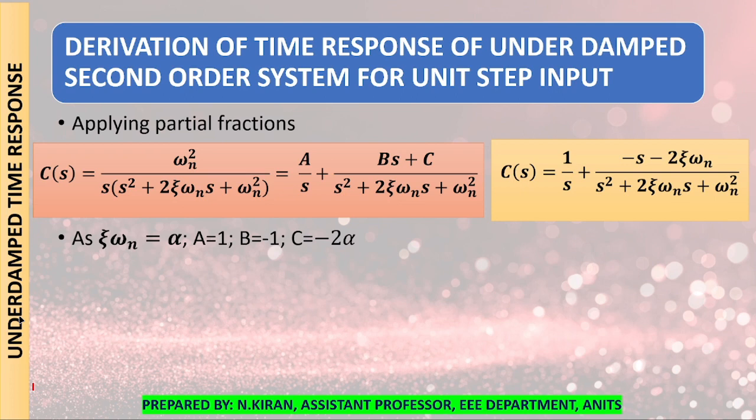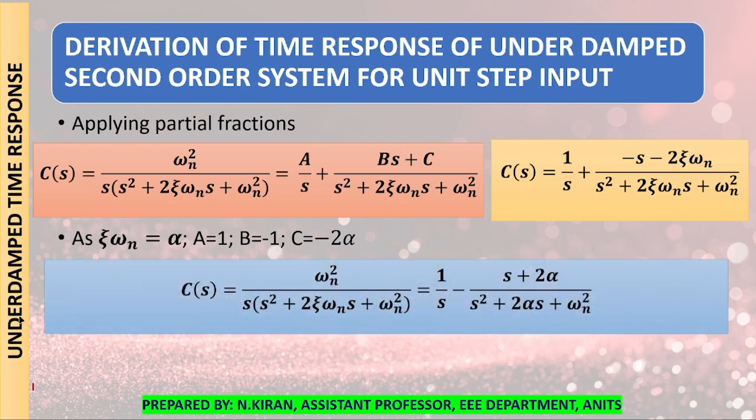Since zeta omega n is alpha, that will give me the expression for C(s) as 1 by s minus s plus 2 alpha divided by s square plus 2 alpha s plus omega n square.